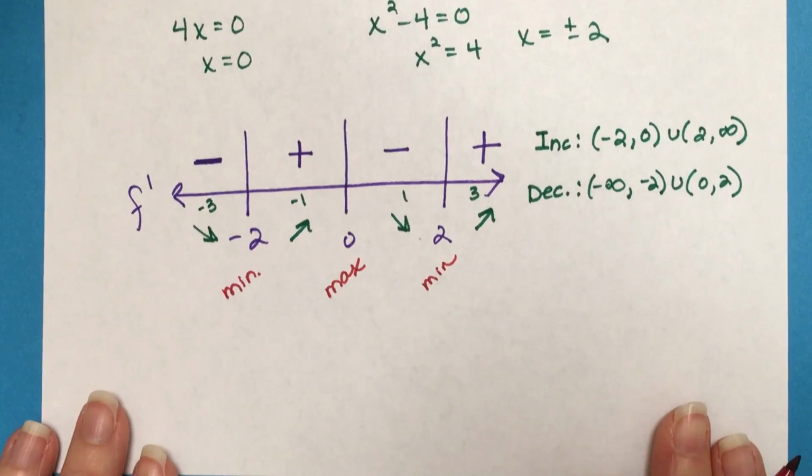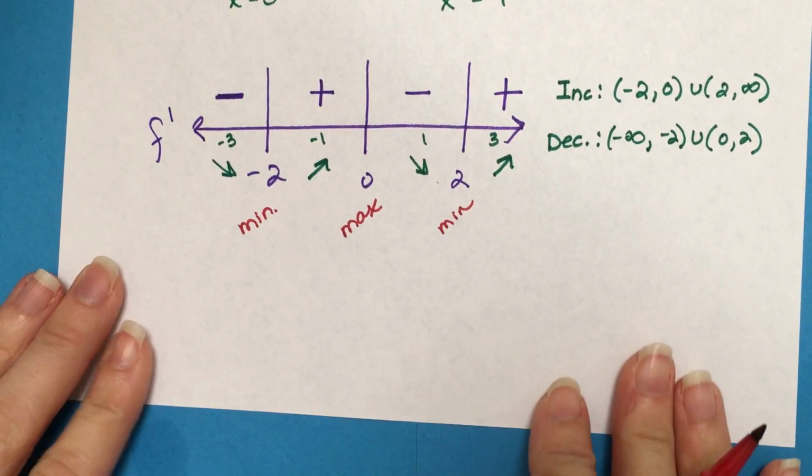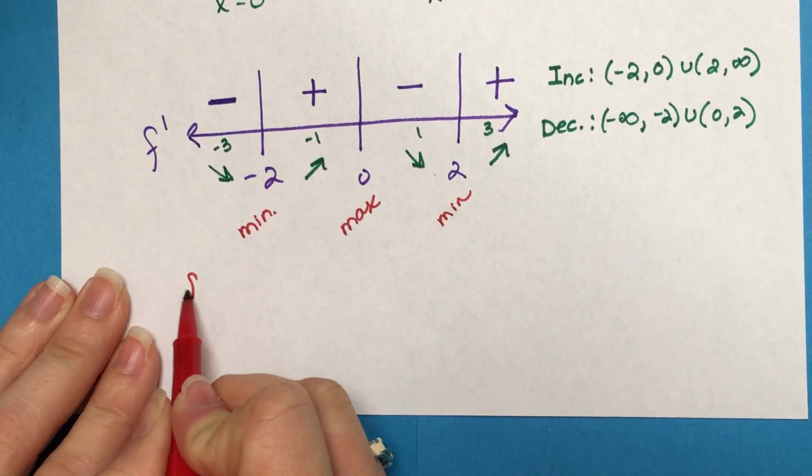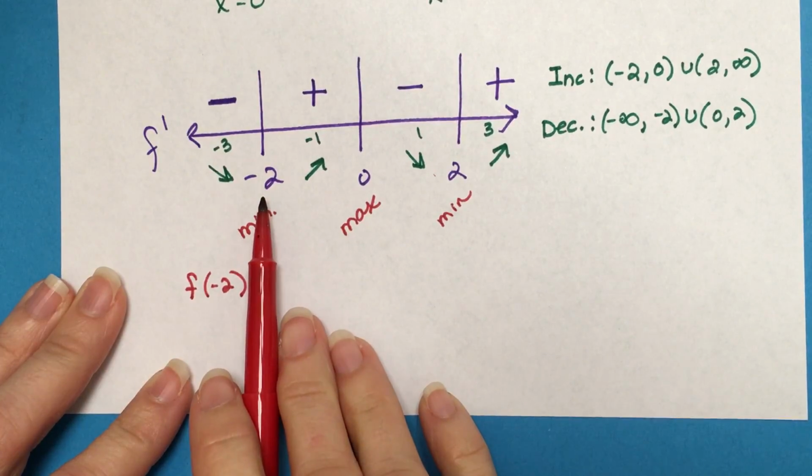Now these are actual points on the graph, like what is the point that's the max, what is the point that's the mins. So you actually need to locate the whole ordered pair in this case. So start by substituting -2, because this is where you're going to have a minimum.